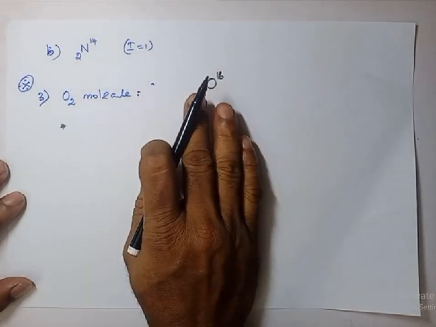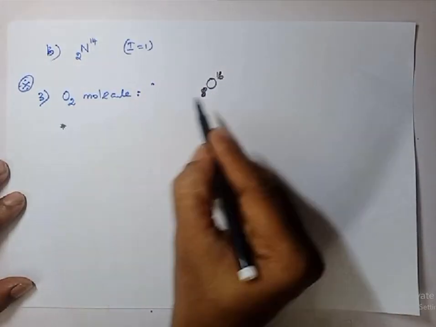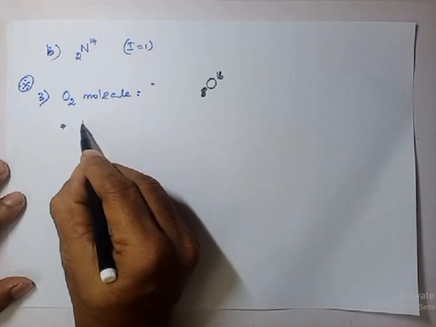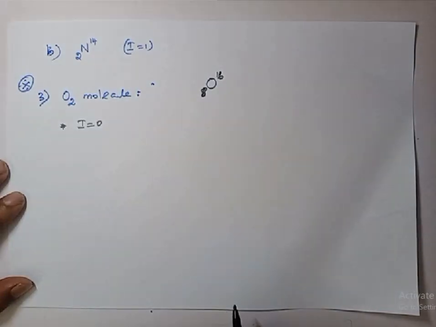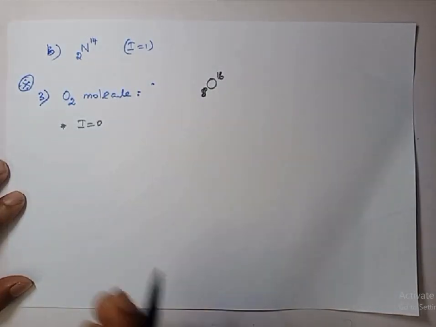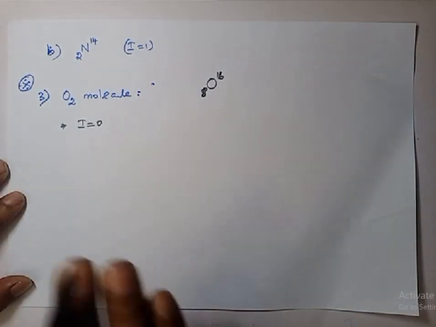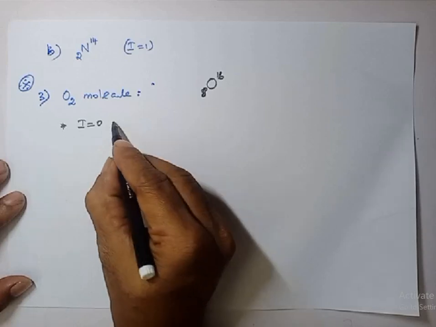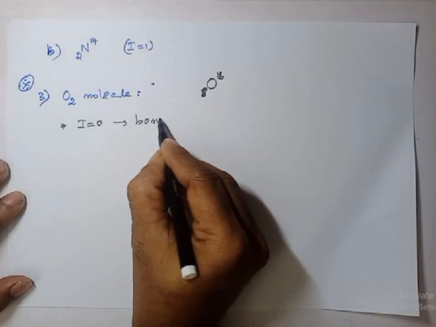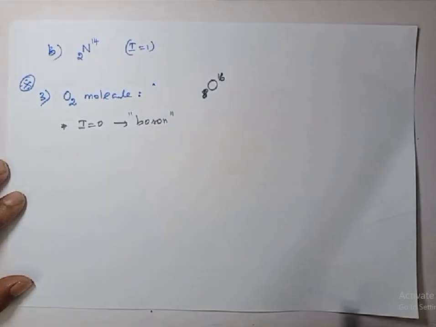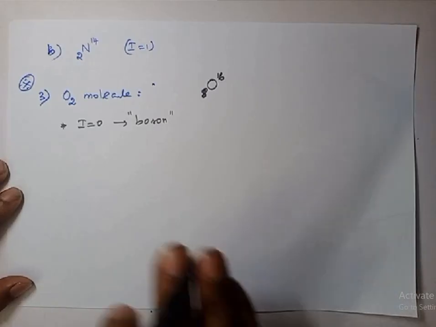In the case of the oxygen molecule, the nucleus of oxygen has I equal to 0. I equal to 0 means the nucleus is not spinning. I equal to 0 also corresponds to a boson, as per the definition.